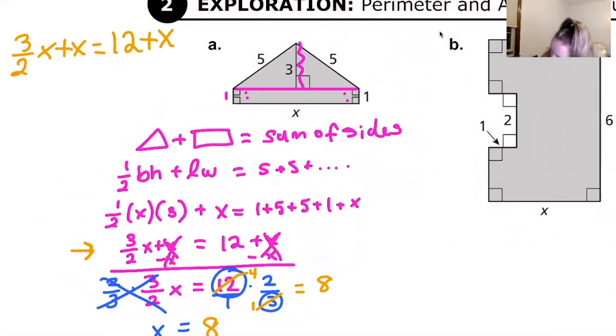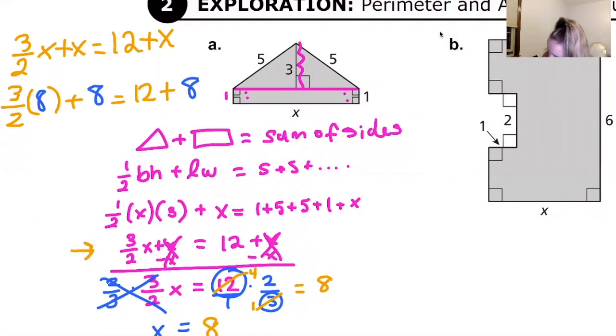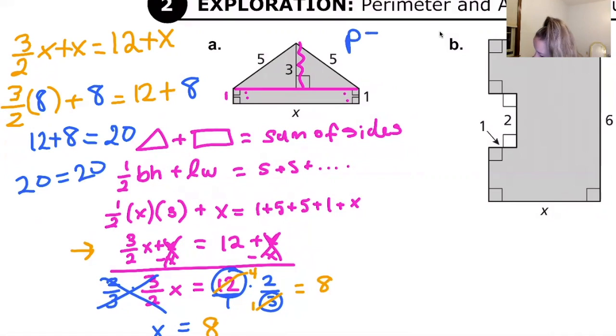So I'm going to take my 3/2 and plug in 8 for my X's. So 3 times 8 is 24. 24 divided by 2 is 12. So I'm left with 12 plus 8. And 12 plus 8 on this side is 20. And so I get 20 on both sides. So P equals 20 units. And area equals 20 units squared.